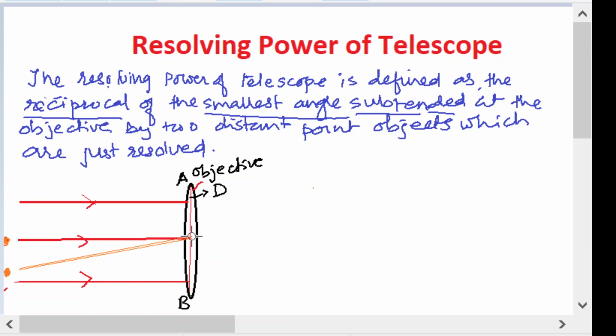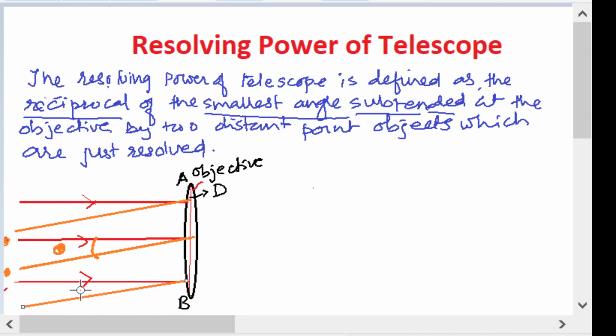The middle one makes some angle with the previous one, and that angle we denote by theta. The second ray from the same source again makes the angle theta, and the third ray also makes the angle theta.